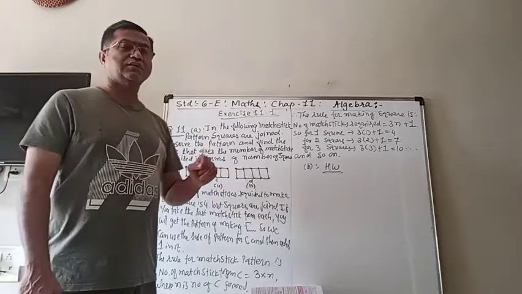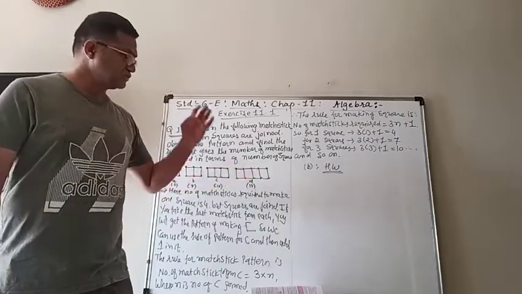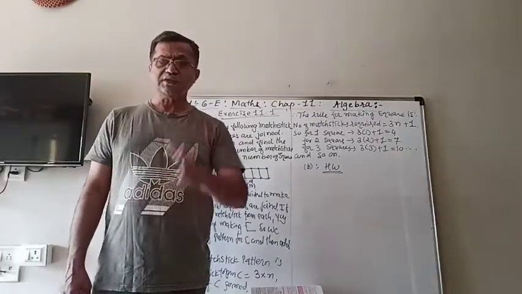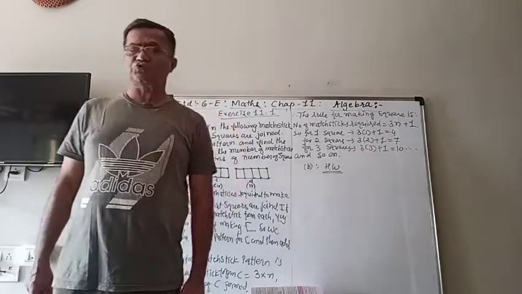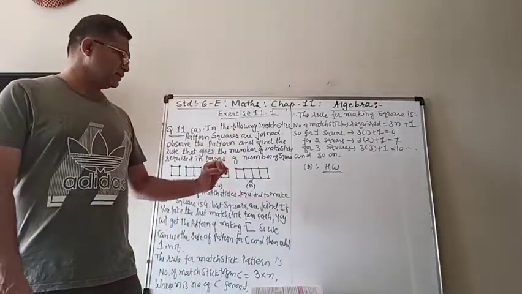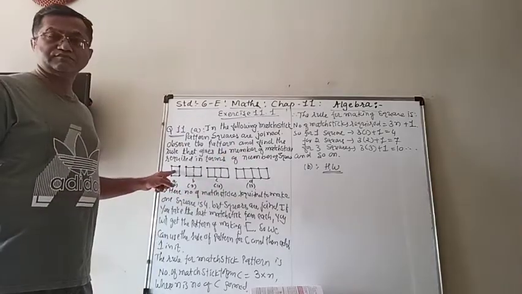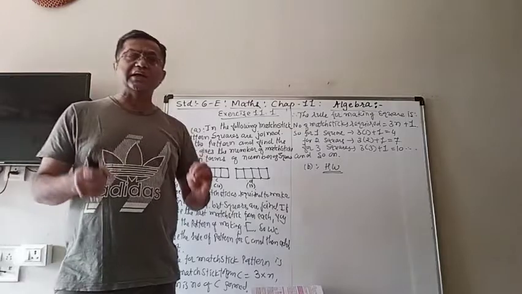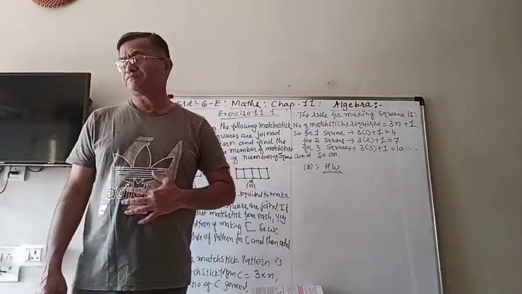Similarly, for 4, 4 4s are 16 should be, but because of these joined squares, some of the matchsticks are common for both the squares. So you cannot write down the rule like 4n, where n is the number of squares.